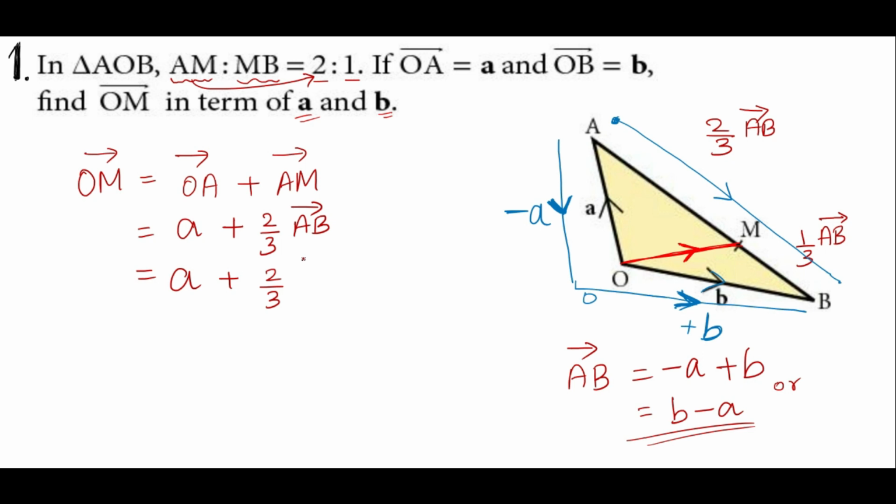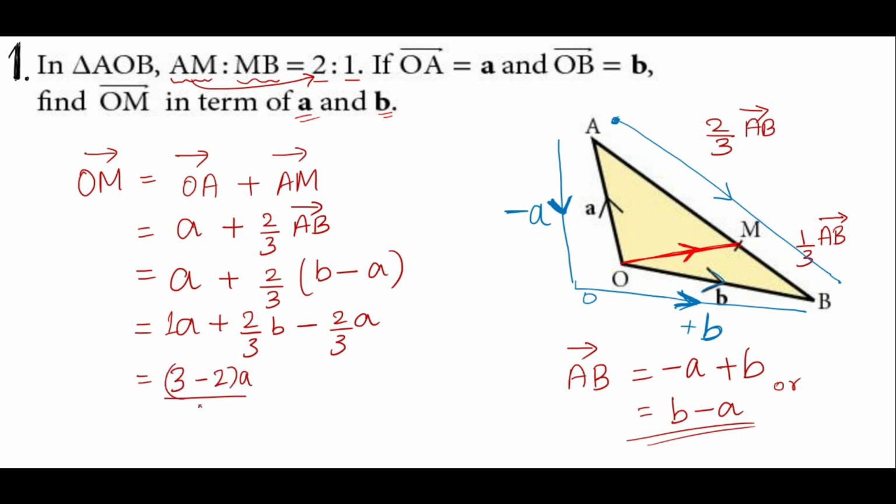Putting it into this equation, 2/3 AB, which is b minus a, so OM is equal to a plus 2/3 b minus 2/3 a. Now I have a and minus 2/3 a, so I'll just combine these two terms, giving me (3 minus 2)a/3.